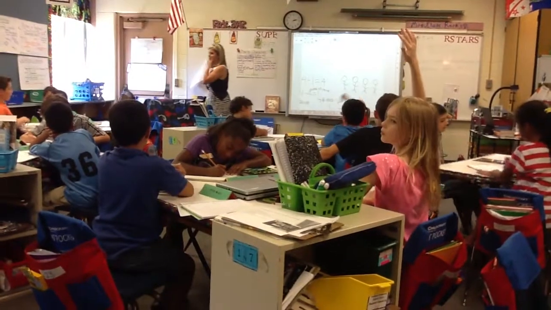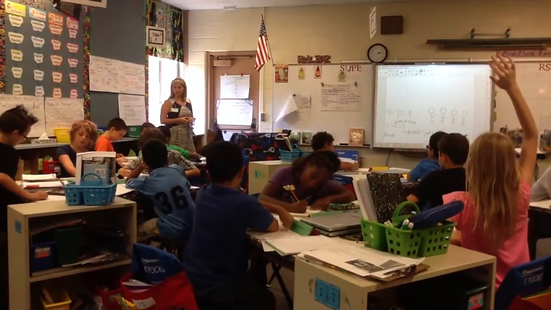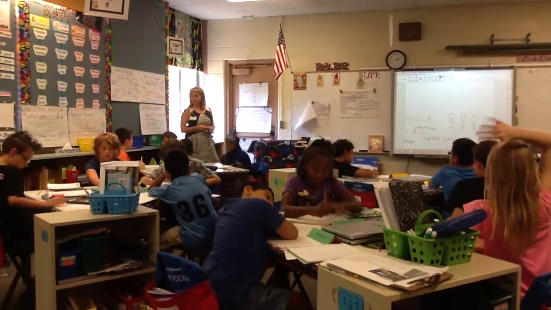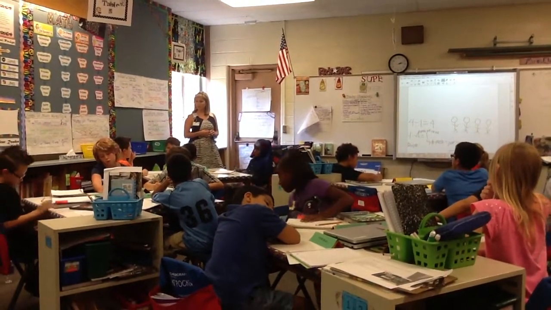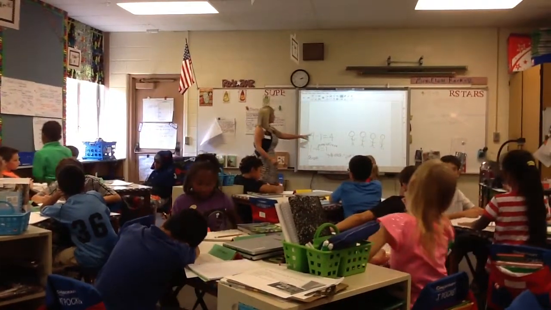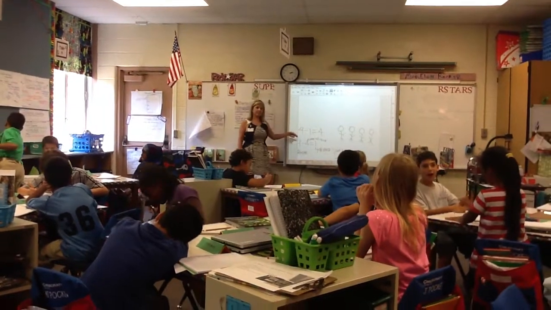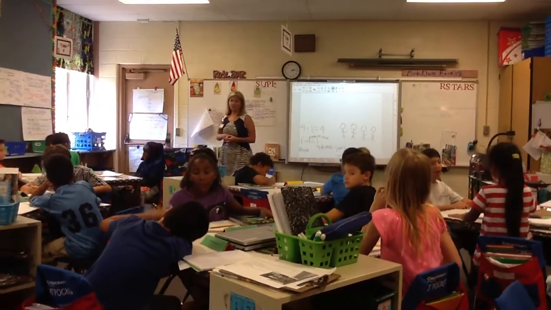What's a scenario that would fit 4 divided by 1? A scenario that would fit 4 divided by 1 would be if you were giving one person 4 pieces. Oh. So now he says I have one person who gets 4 pieces of cake. Could that work? Yeah.